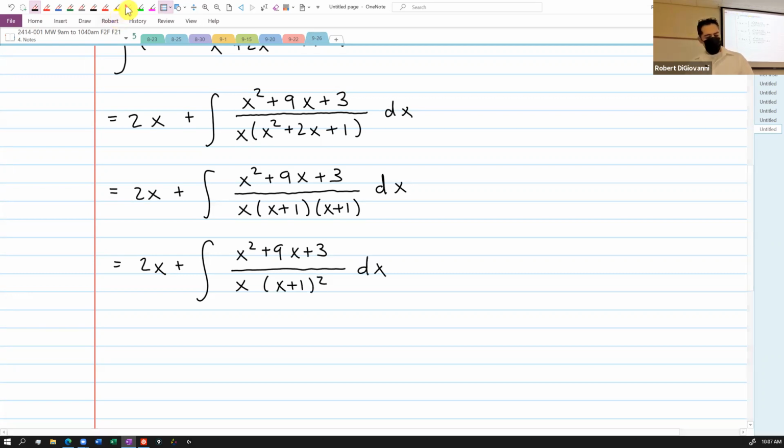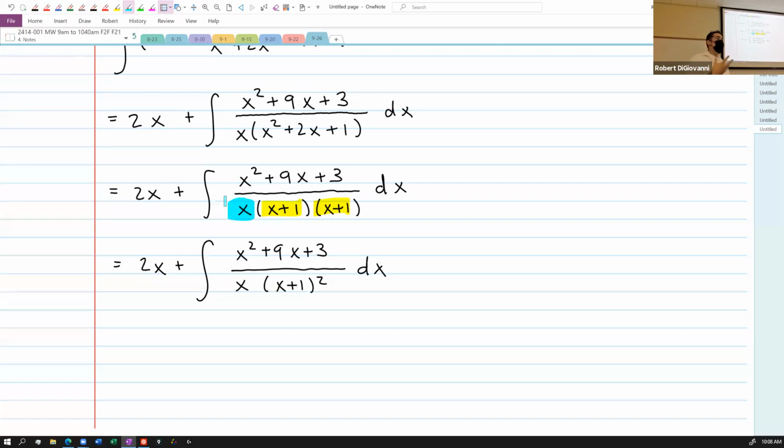But I just wanted to point out the reason why I'm doing that, of course, is because it's the same, right? So if we look at this, what we have is the x on the bottom. That is a distinct linear factor. It is unique. But then the x plus 1 is a repeated linear factor.